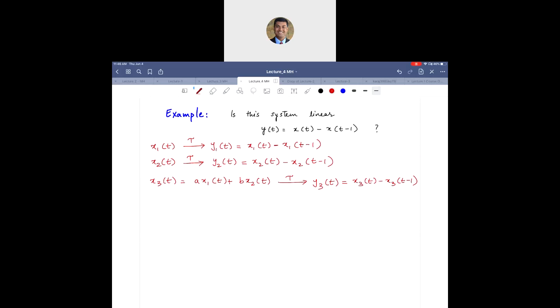X3 of t is a x1 of t plus b x2 of t. What is x3 of t minus 1? It is a x1 of t minus 1 plus b x2 of t minus 1.